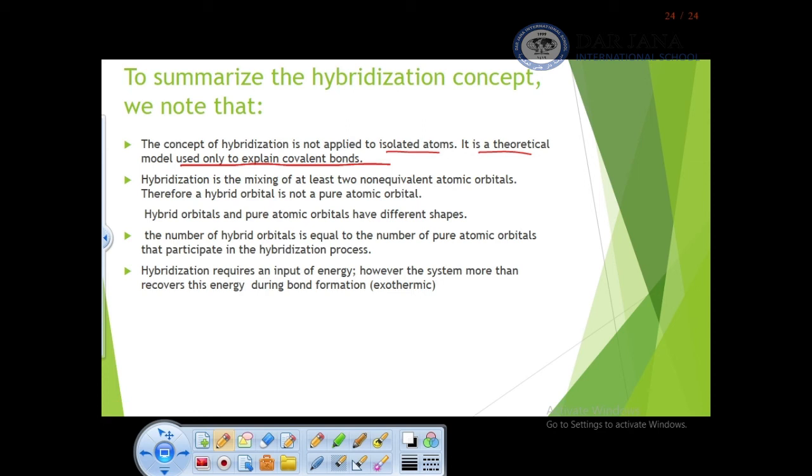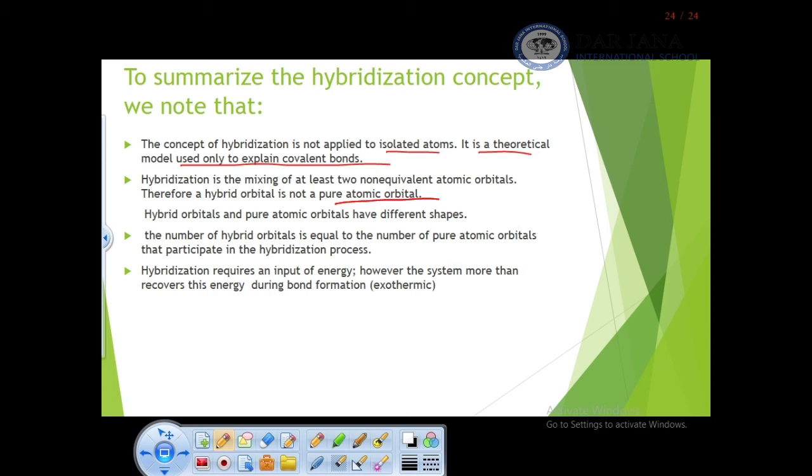Hybridization is the mixing of at least two non-equivalent atomic orbitals. Therefore, a hybrid orbital is not a pure atomic orbital. Hybrid orbitals and pure atomic orbitals have different shapes, as we saw before. The number of hybrid orbitals is equal to the number of pure atomic orbitals that participate in the hybridization process.